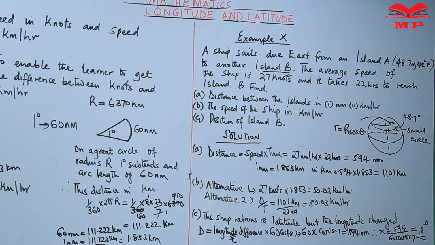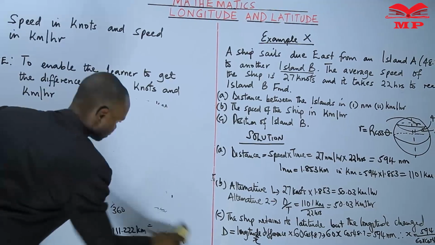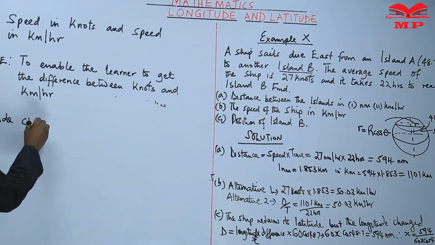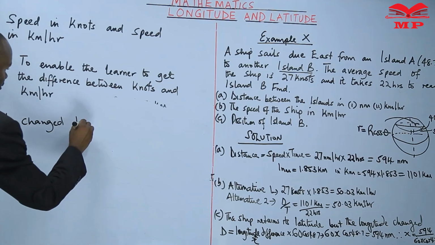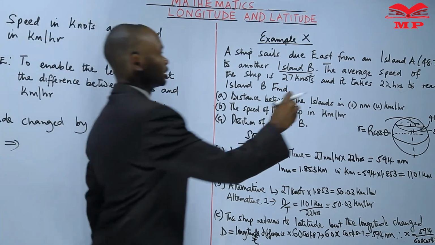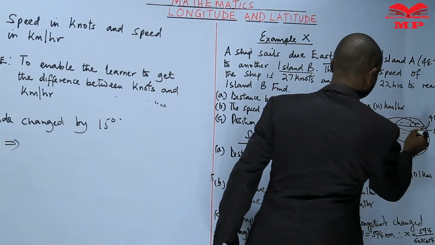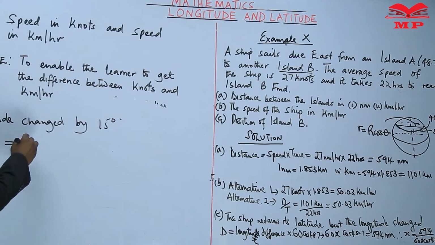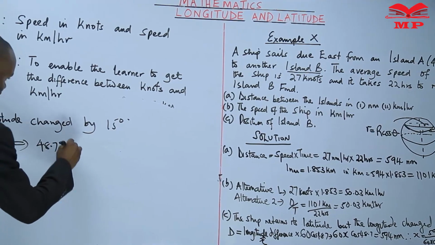So the longitude changed by 15 degrees. The position of B: since it has retained the latitude, the latitude remains the same, so it will be 48.7 degrees north.